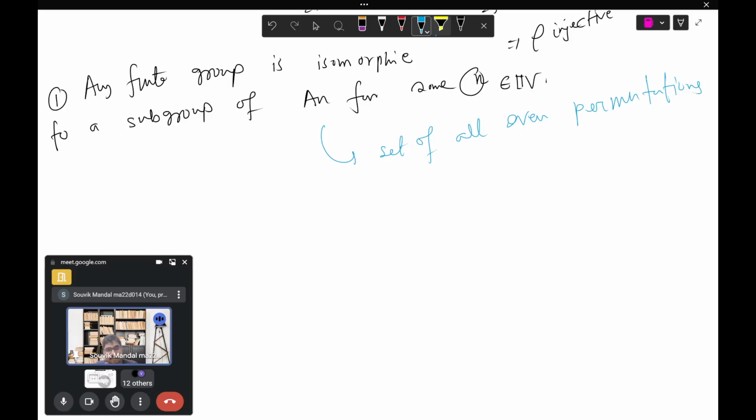What about others? Don't all of you know about the group An? An is the set of even permutations. Do you know about even permutation?